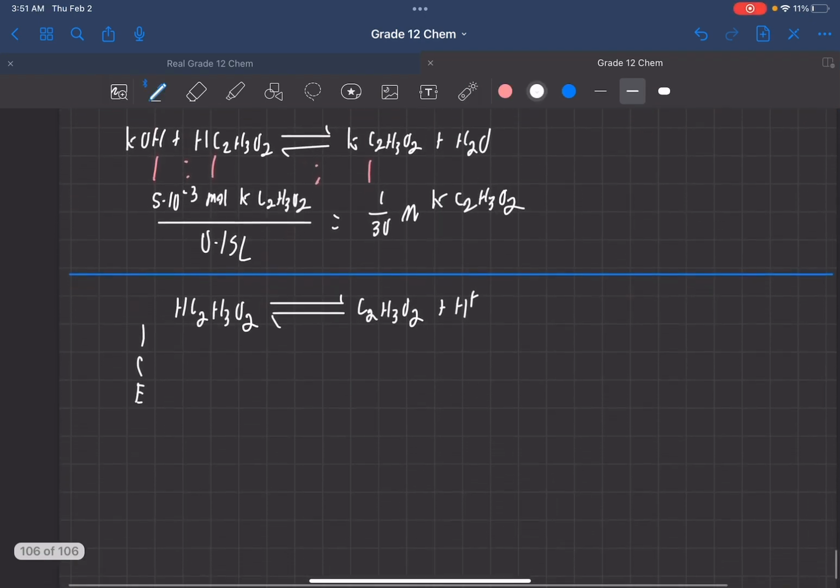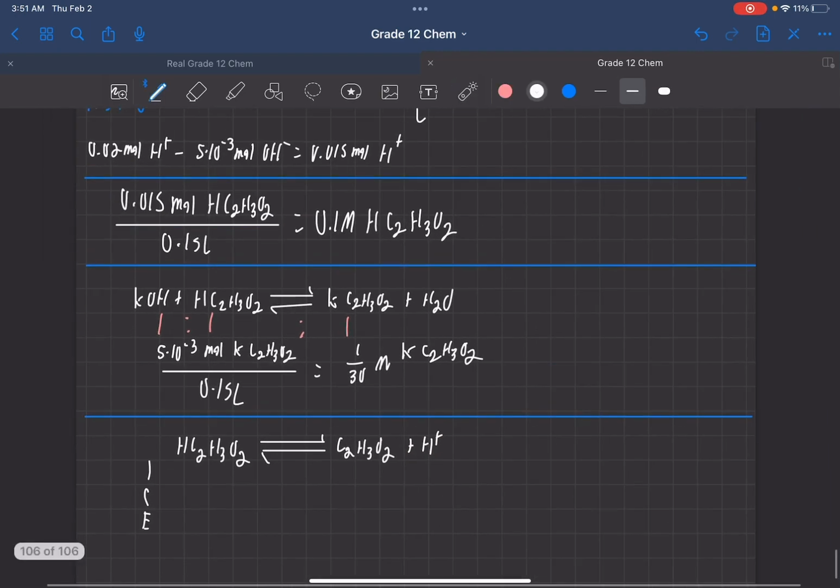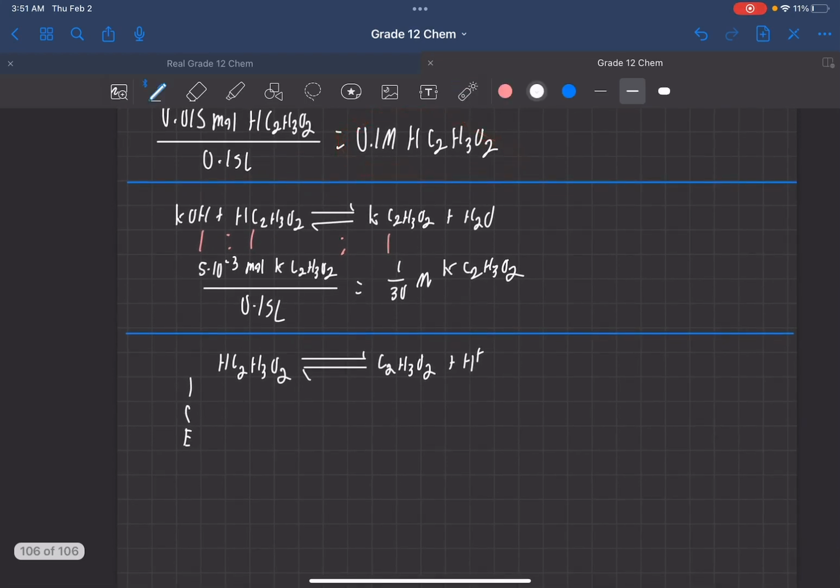All right, so here's the equilibrium equation, right? The ethanoic acid in equilibrium with its conjugate, the ethanoate ion. And it donates an H plus ion to the water, so it's going to form hydronium, right? So initially, well, we said we had 0.1 molar of this over here. That's what we found.